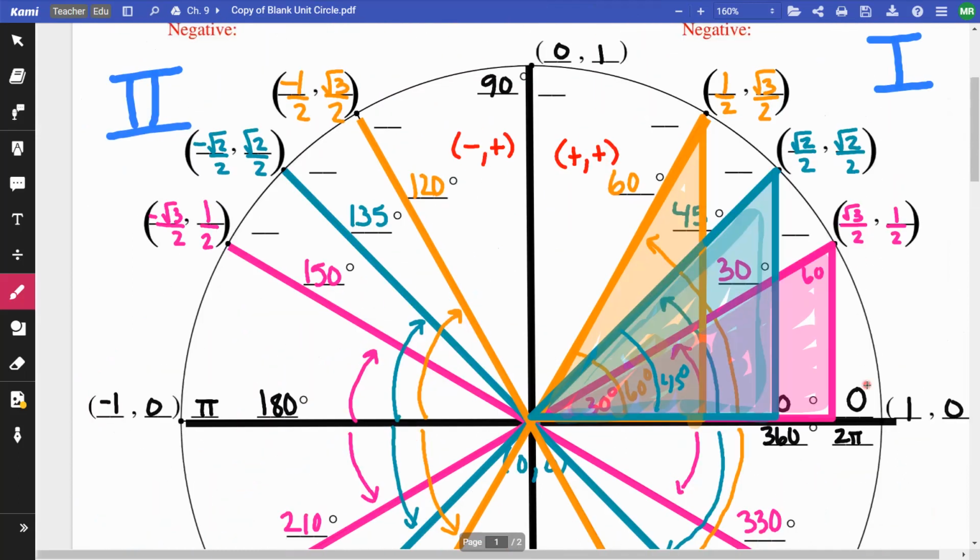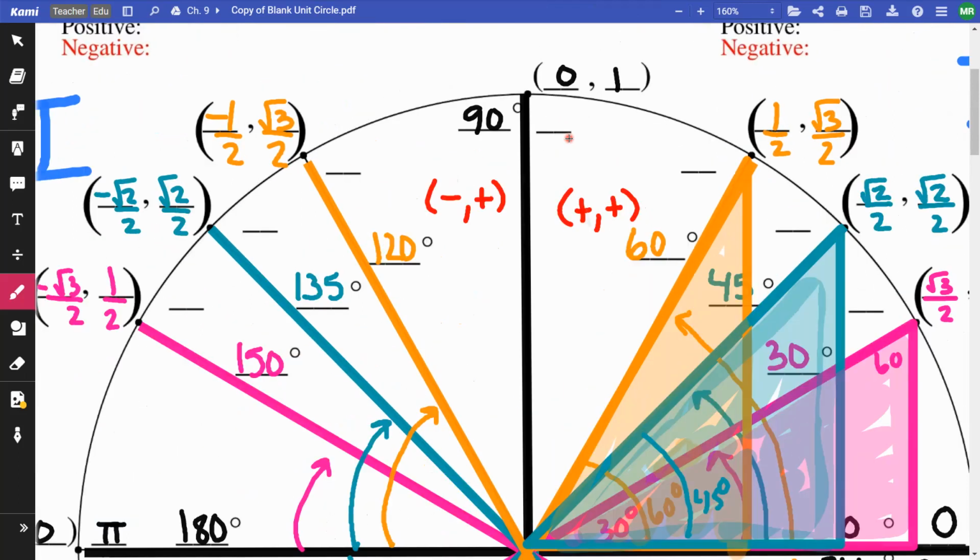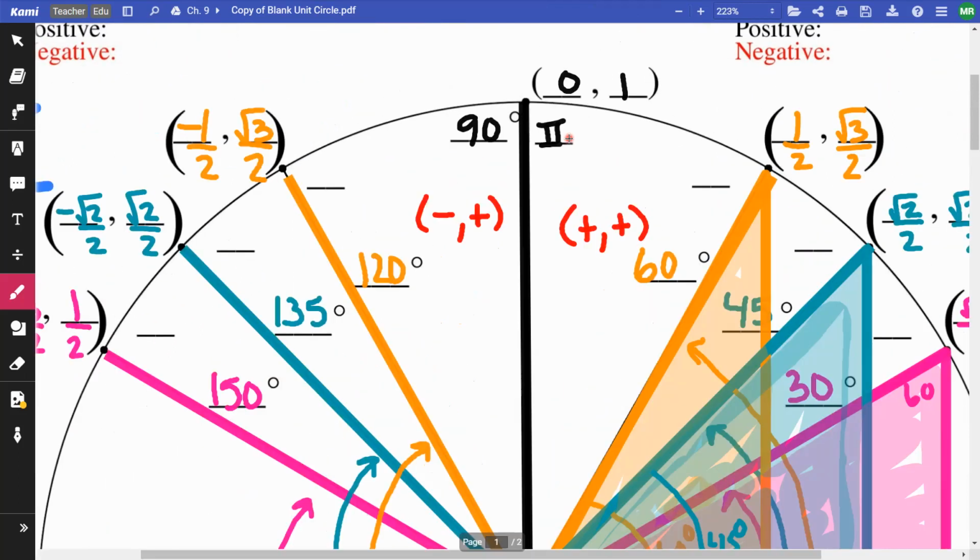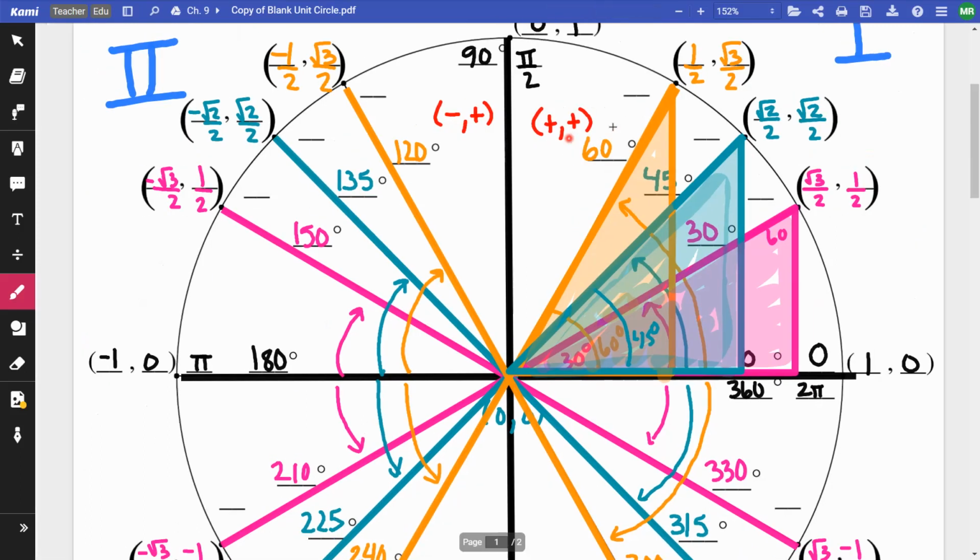Now, when I'm going from here to here, if this is pi all the way to here, this is half as much. So we're going to call this pi halves. Half a pi, pi halves. So if I think about this as being 1 pi half, this is 2 pi halves, and 2 pi halves is really just pi.